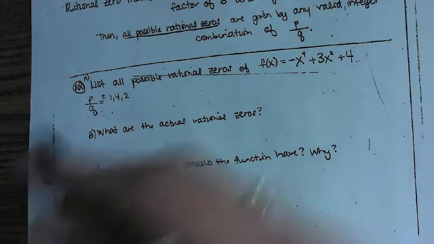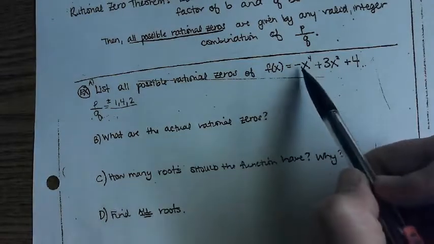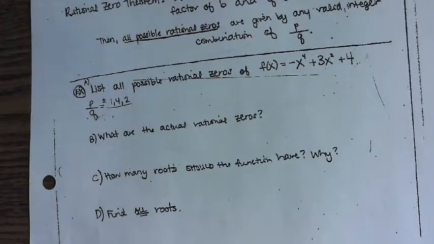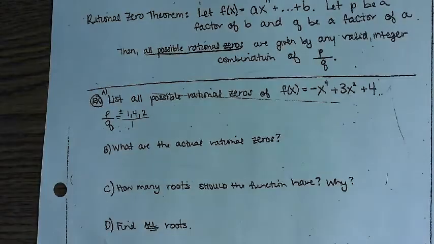Got it? Over your Q's, which are all your factors of your leading coefficient, which is just -1. And so the only factor of 1 is 1. You can also put the plus or minus sign on the bottom, but it would be a little bit redundant.